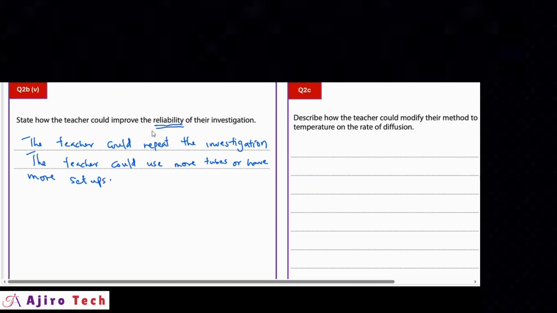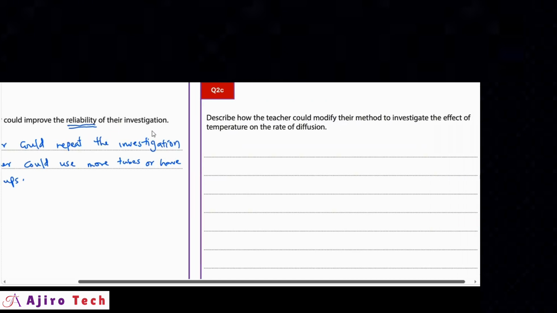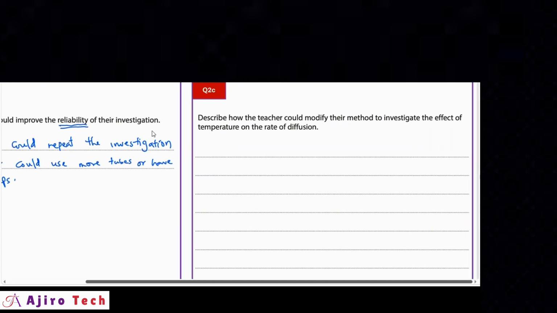Question 2C says: describe how the teacher could modify their method to investigate the effect of temperature on the reaction. Okay, so this question is asking the teacher to change the independent variable from concentration of ammonia.